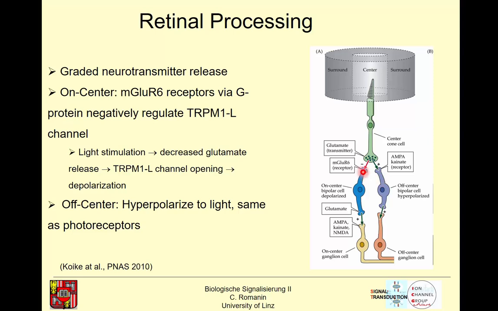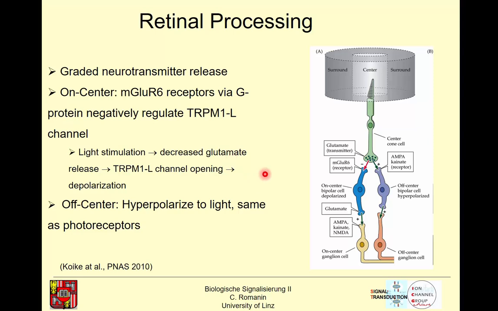So in the light, because of the missing glutamate, these TRP channels open, they allow a sodium influx, and in turn we end up with an on-center bipolar cell in a depolarized state. And the same happens here. When it's depolarized, the on-center ganglion cell also depolarizes. So particularly this channel is so important for making the difference between an off-center and an on-center bipolar cell.